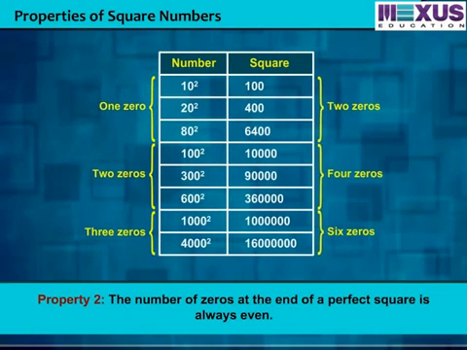Look at this table. You can see 10 square is 100, 20 square is 400, 80 square is 6400, 300 square is 90,000, 4000 square is 1 crore 60 lakh. All the perfect squares have even zeros.